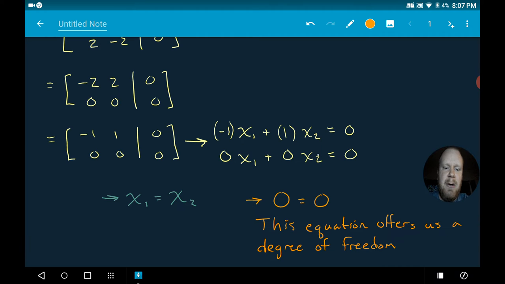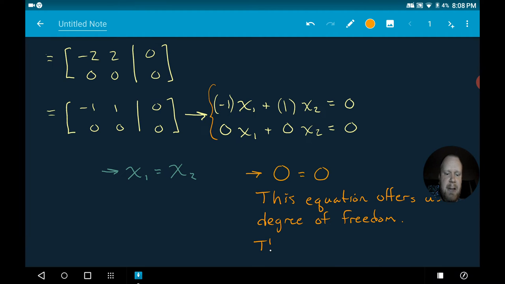Since we are looking at this and 0 equals 0, that's going to be true regardless of what x1 or x2 is. So if we view this as a system of equations, all we need to know is that x1 is equal to x2. That's the only constraint that we have.